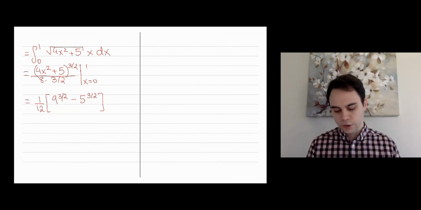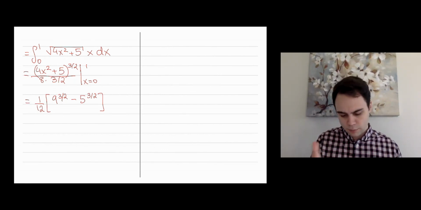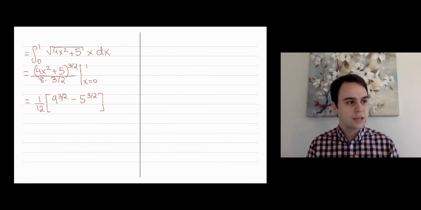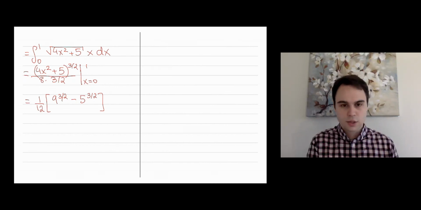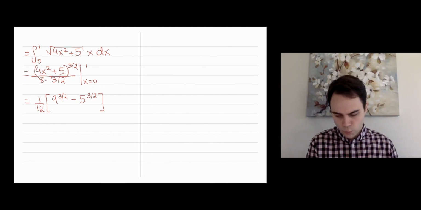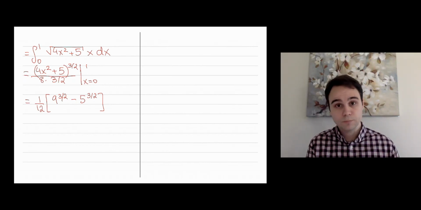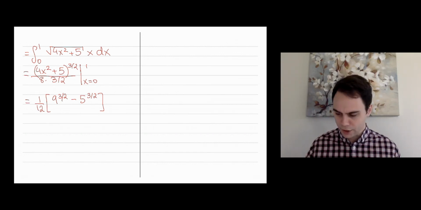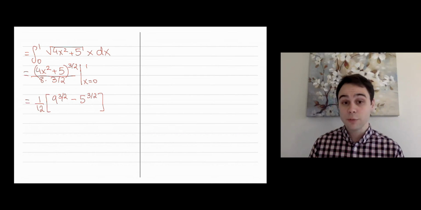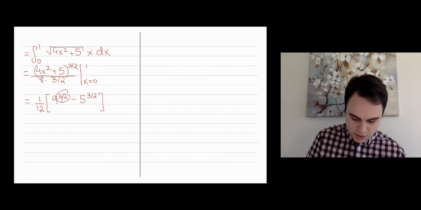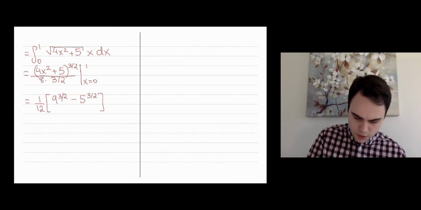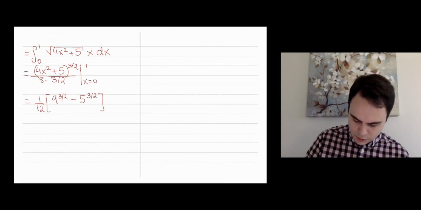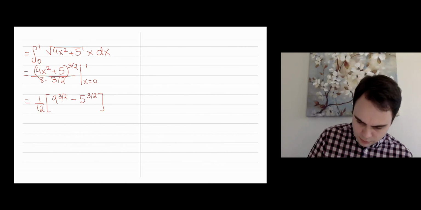Say you're an engineer working on a technical problem, and this is the answer you get. If you're going to tell this answer to some manager who may not be as comfortable with mathematics as you are, these exponents may put that person off balance. So let's write this as simply as possible.